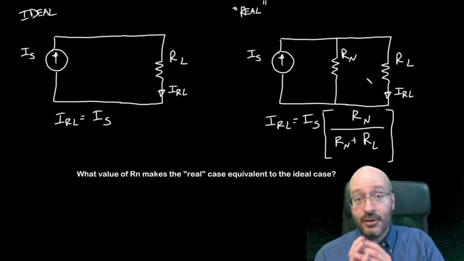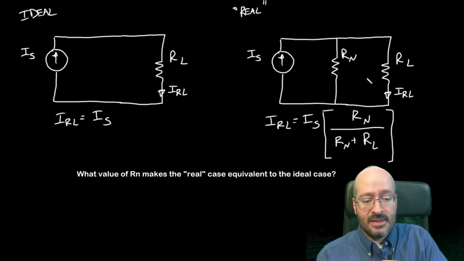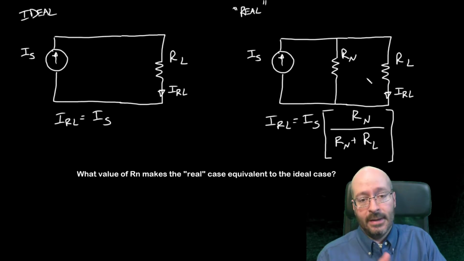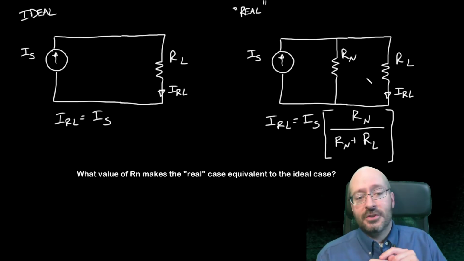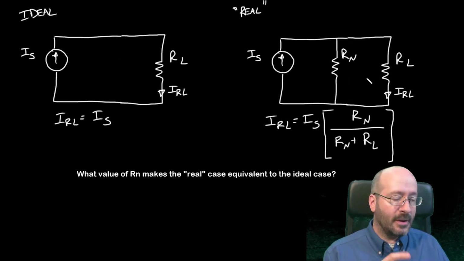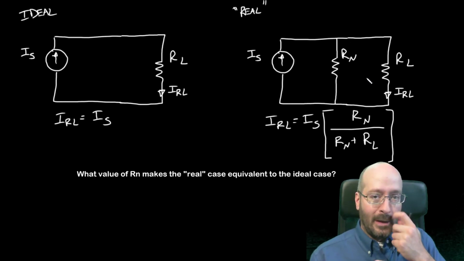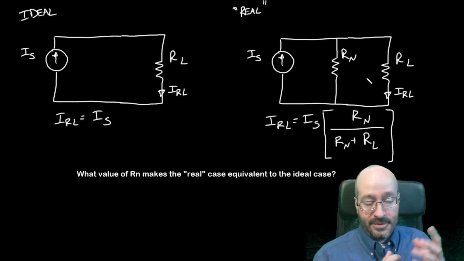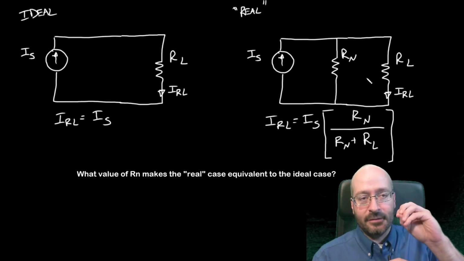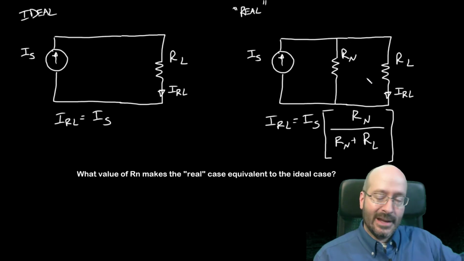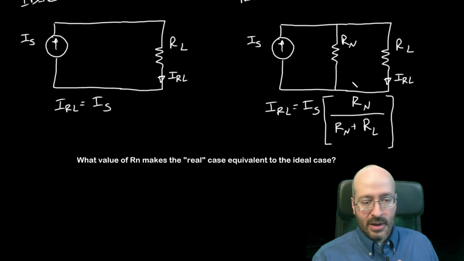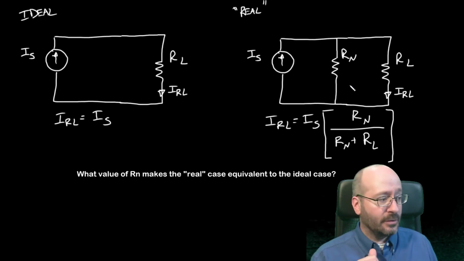Okay, so once again, I don't like pre-canned formulas. I think they limit your understanding and your ability. But this one shows up everywhere, and that's because it comes out of Norton, the Norton equivalent, and the current divider. So it's useful. It is really useful.